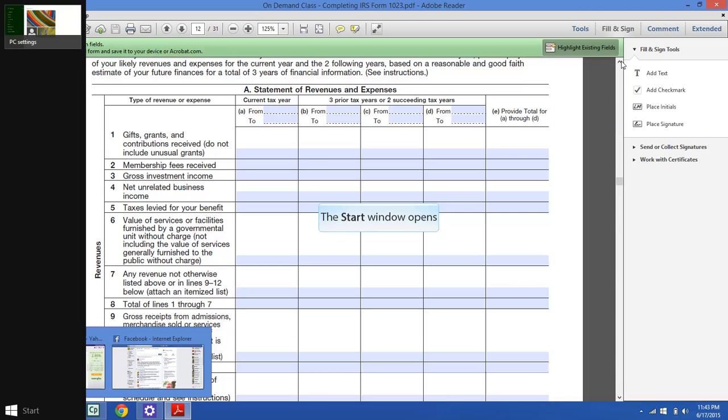So for the 2 succeeding years in B and C, I normally just add a 10% increase to every item listed in this particular spreadsheet. For column B, I would put January 2016 to December 2016 if I'm using the calendar year, and I would increase every item from column A by 10% and put that total in column B for each item.